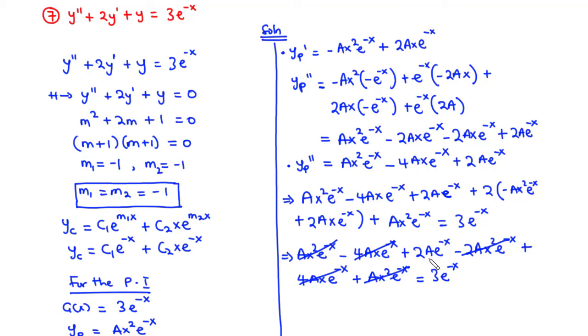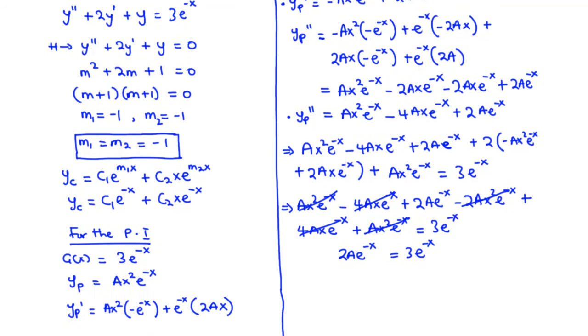We are left with 2a e to the power negative x. So 2a e to the power negative x equals 3e to the power negative x. So e to the power negative x is common here, so we basically have 2a equals 3. We divide through by 2, and then we have a equal to 3 over 2.